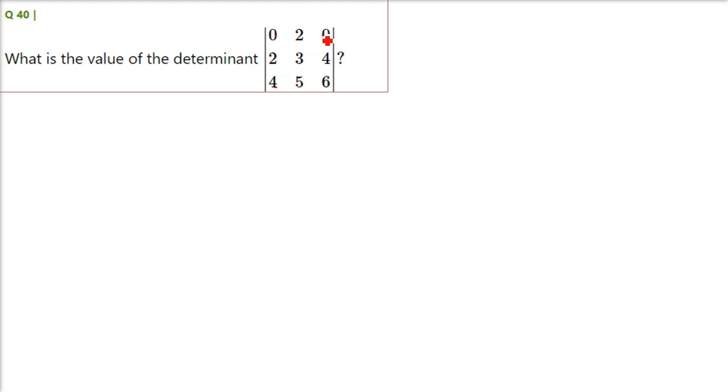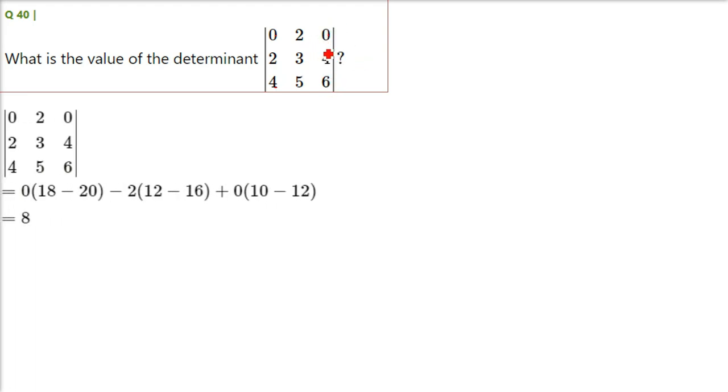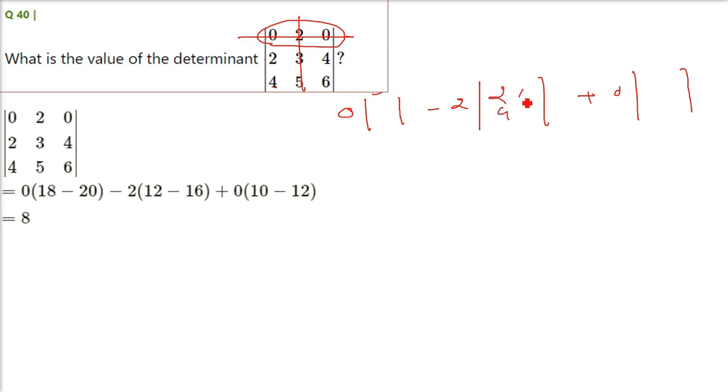Simply, rather than going all the way to find out properties, the numbers are easy, that is, the calculation will be quite easy. So this first row I am opening. I am not taking the first and the third value because it is going to be 0. It will be minus 2 times the minor 2, 4, 4, 6. As I said, it will be 12 minus 16. That is going to be minus 4. So minus 2 into minus 4 is going to be 8.